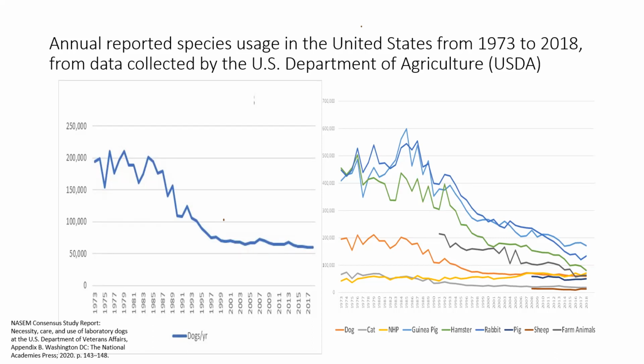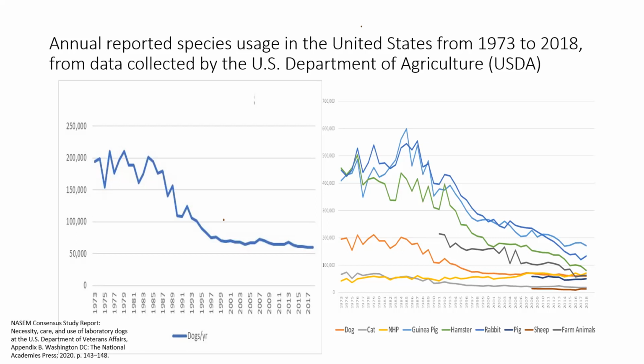On the left-hand side, you can see the statistics for dog usage. The values peak at approximately 200,000 dogs per year in the United States in the late 1970s, and then fall precipitously to approximately 60,000 dogs per year. On the right-hand side, just to put the dog data in context, I show you the data for all of the other species that are reportable under the Animal Welfare Act in the United States for the same period.